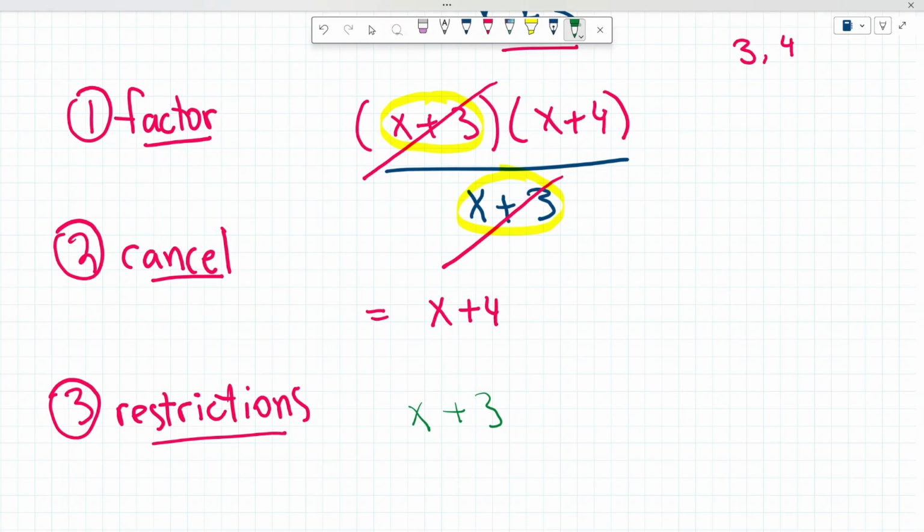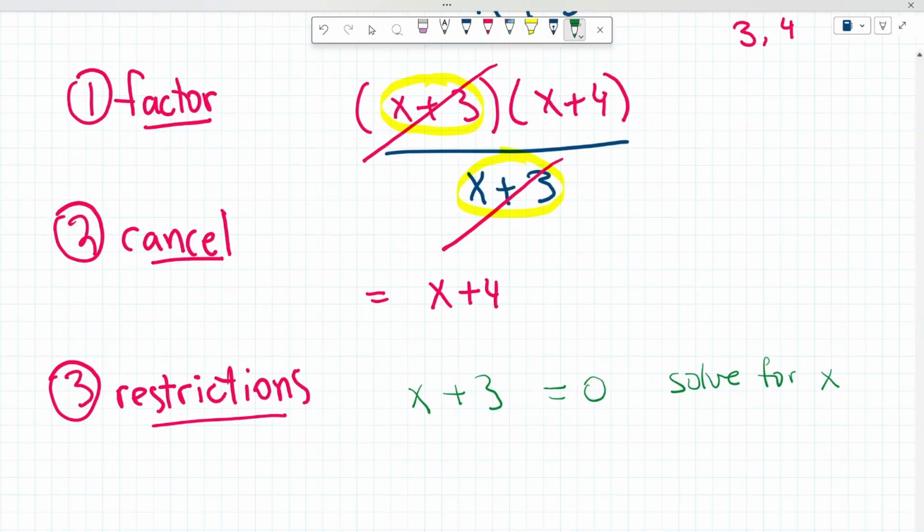To find the restriction, you set it equal to 0 and solve for x, because if x equals that value, then that term will be equal to 0, and it will nullify our function. If we use our algebra techniques, we see that x equals negative 3. So x cannot equal negative 3, because if it is negative 3, it will cause the numerator and denominator to be equal to 0.